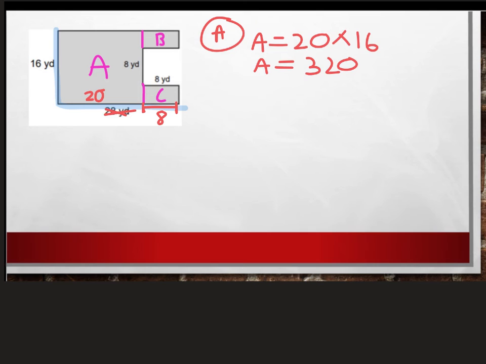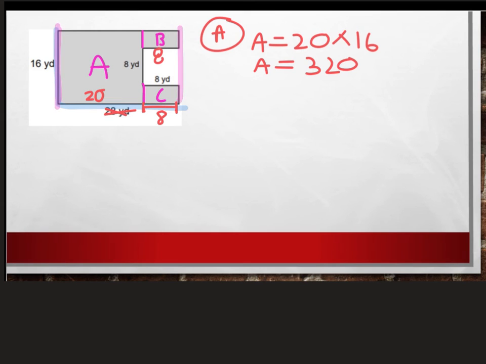Now let's talk about shapes B and C. We can clearly see that the base of shape C is 8, and that's actually the same distance for shape B as well. So the base of both of those would be 8. But let's talk about the height. The total height is 16, right?